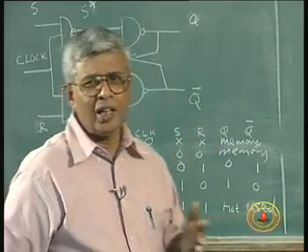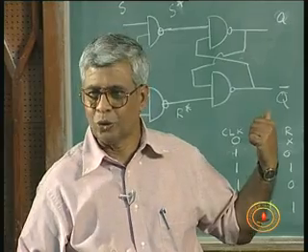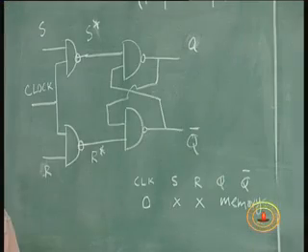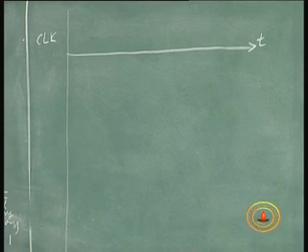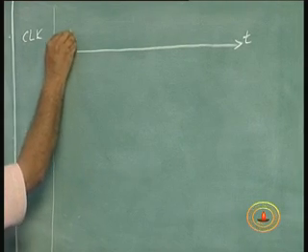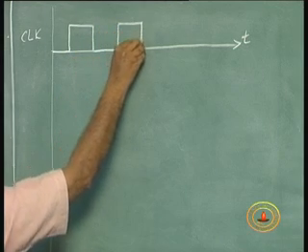What is a clock? A clock is nothing but a signal which goes from high to low. All I want is a clock to be high or a clock to be 0. If you draw the clock signal as a function of time, it is a signal which goes from 0 to 1 to 0 to 1, whatever is the value of 0 and 1 defined in your hardware.